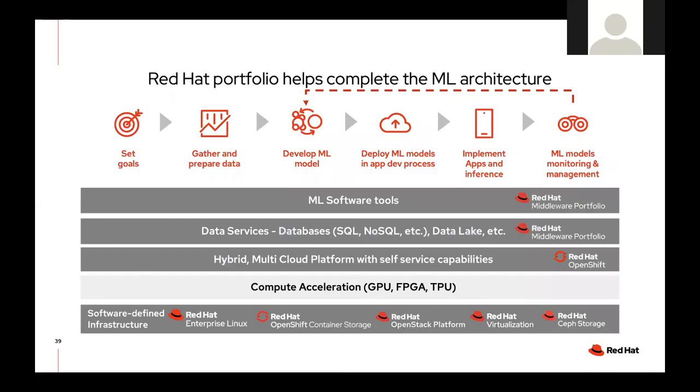Now, we also understand that today many customers are looking at AI and machine learning deployment, and they are working with multiple vendors. I just want to highlight that we at Red Hat understand the full life cycle of AI machine learning architecture and platform.